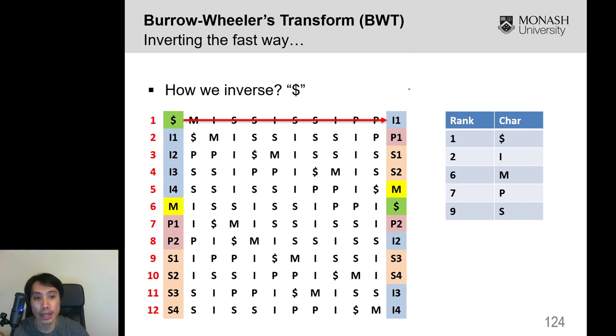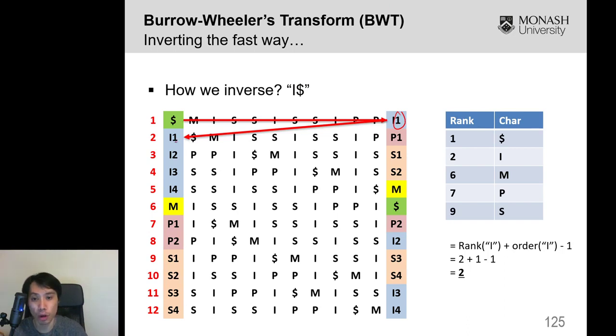Terminal is mapped to L. Because of the cyclic property, before terminal is going to be I. So I will put I before my terminal, which is what you see here. This I is the first I. I will map over here.